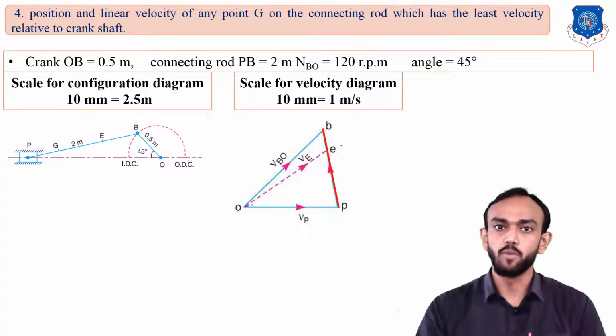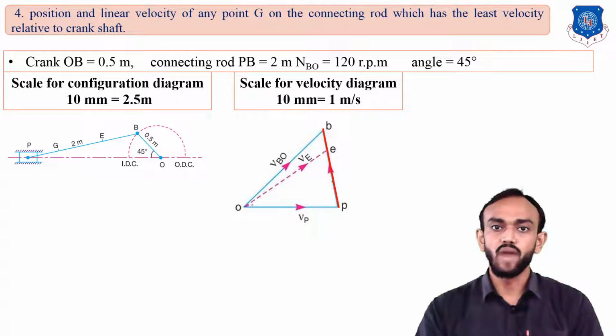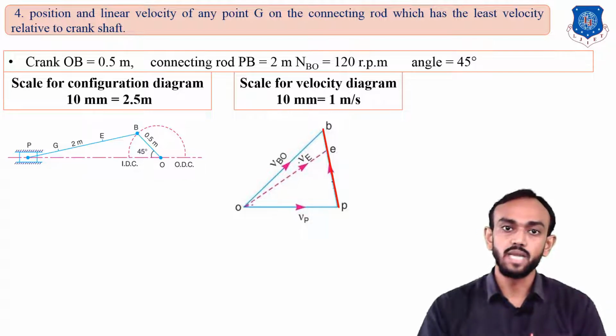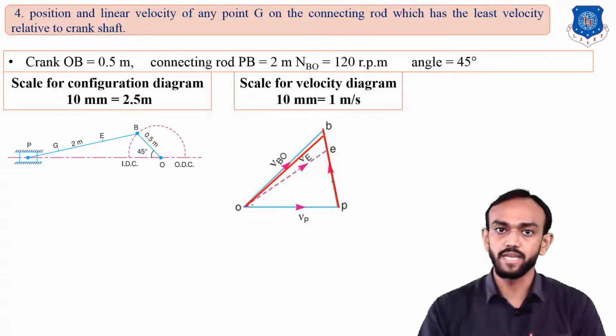As you know, when you draw this vector here, it indicates the velocity of this E point. Okay, so now we have to find some point on this connecting rod which has the least velocity. This distance indicates the velocity on the connecting rod.